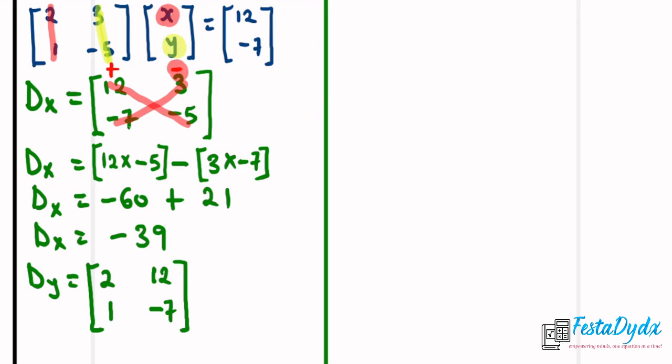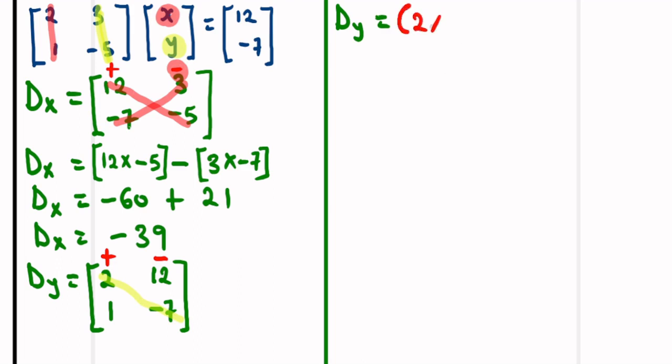So the next thing we'll have to do now is to find the determinant of the coefficient of y, which is dy. Now remember, the first thing we'll have to do is to do plus and minus. So remember, we have to multiply the diagonals first. So we'll have 2 times minus 7, and then remember this minus sign we'll have here, so which is going to be minus, and then the next diagonal is 12 times 1.